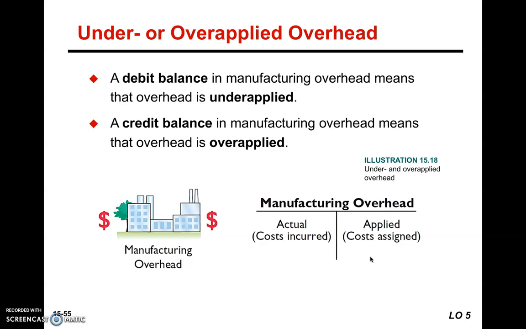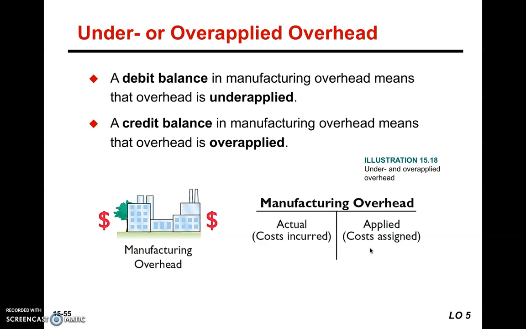In this case, we call it under applied overhead. The opposite is true too. Sometimes we might estimate too much and apply too much cost to our jobs compared to our actual costs. So if applied costs are more than actual costs, we will have a credit balance in this account, which is considered over applied overhead, giving too much overhead to the jobs.